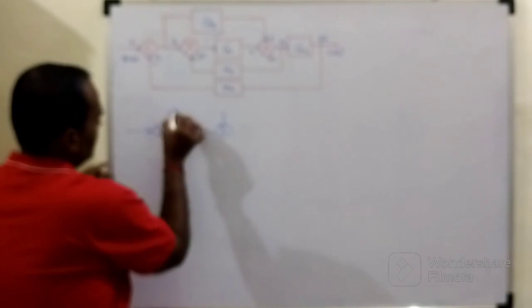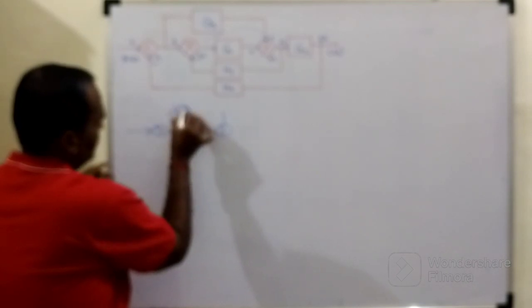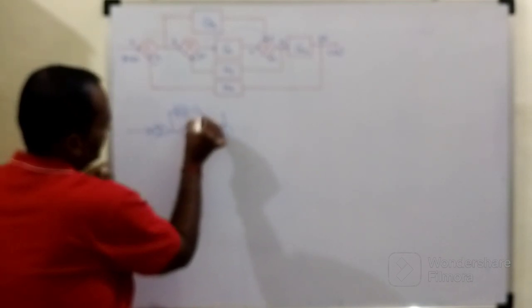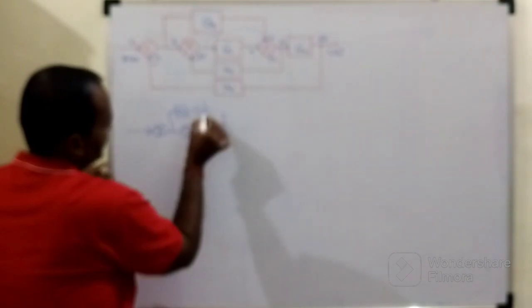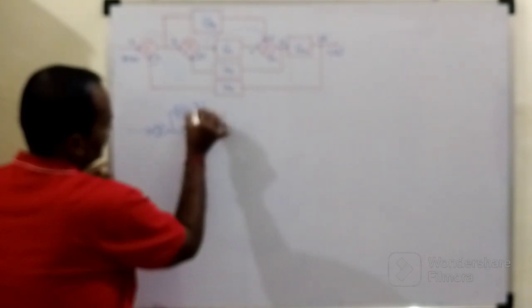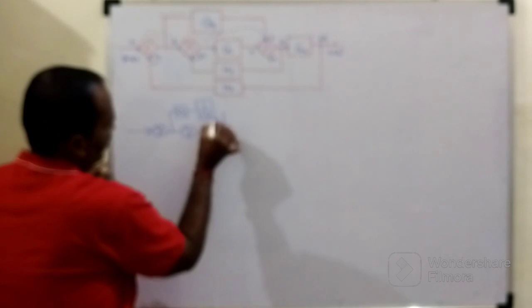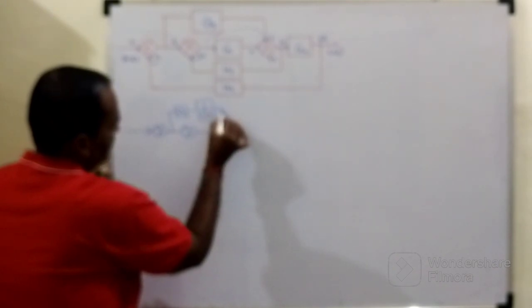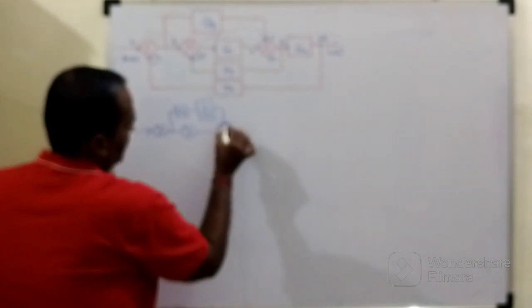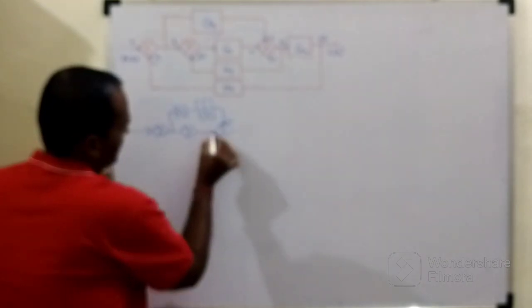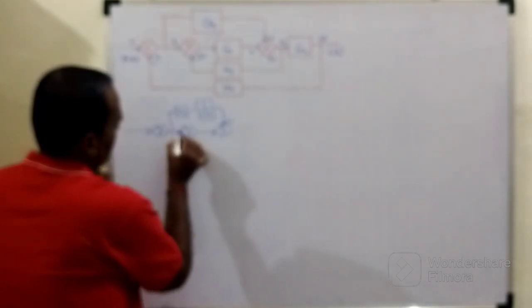Here I will draw this, which is G3. And this will be the newly added block whose gain is exactly equal to the reciprocal of this G1. So it will become 1 over G1. Here we have the plus sign, and here also.